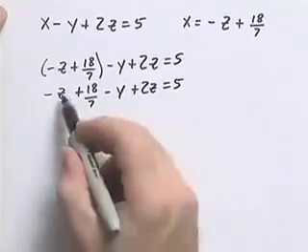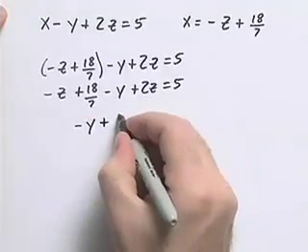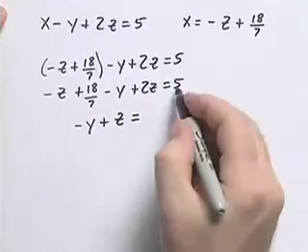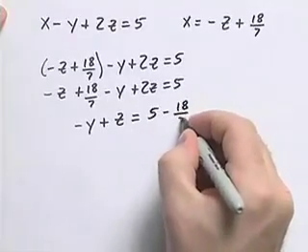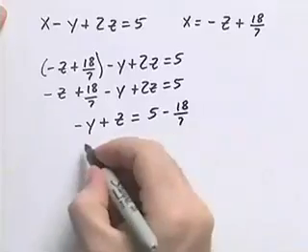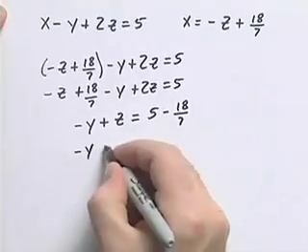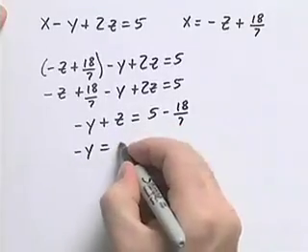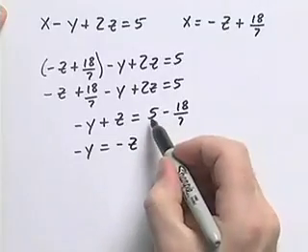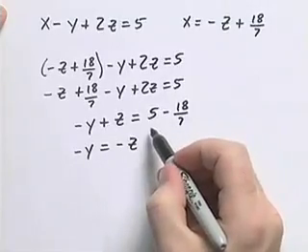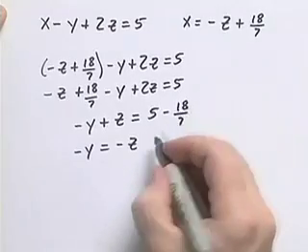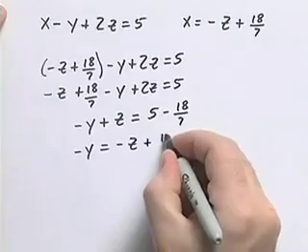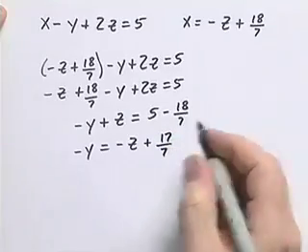So we'll have negative y, negative z plus 2z is plus z, equals 5 minus 18 sevenths. We'll have negative y. We want to bring the z to the other side, so we'll have negative z. And 5 is really 35 over 7, so 35 minus 18 is 17, so we'll have plus 17 over 7.